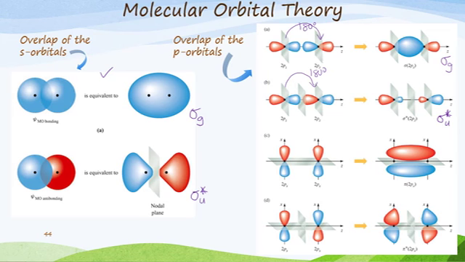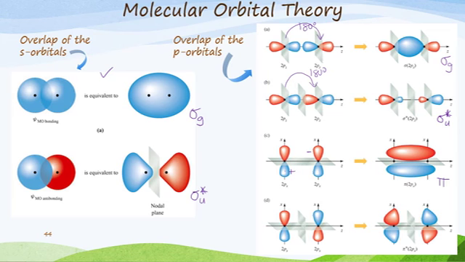Now let's have a look at the sideways overlap. I will explain this again in the next slide. If these become head to head, this is a pi bonding orbital, but remember if I do the 180-degree rotation, this one is blue at the bottom here and this one is red at the top here.